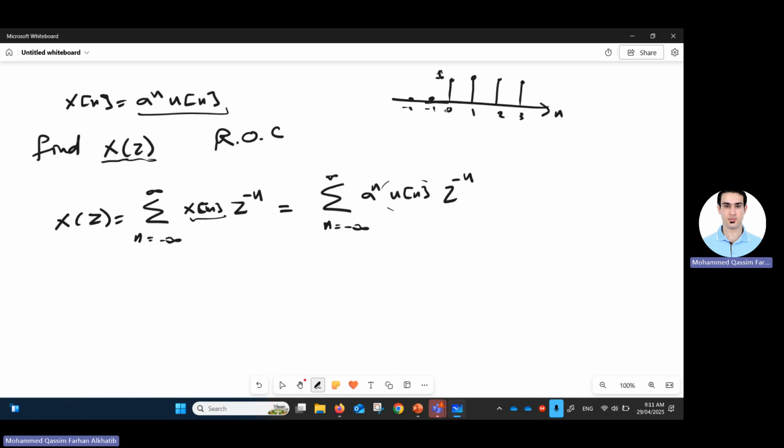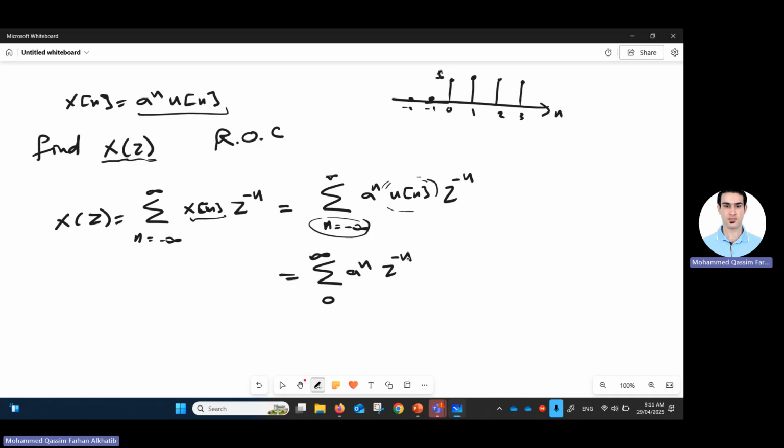And from negative infinity to 0, I have 0 values. So basically, the job of this unit step function is to change the limits of this summation. Since I know that from minus infinity to 0 I have no values, then my summation will be from 0 to infinity of a to the n z to the negative n.